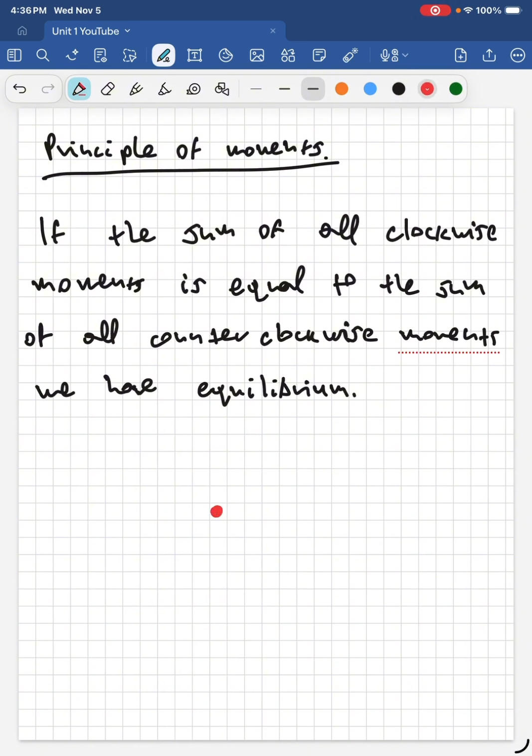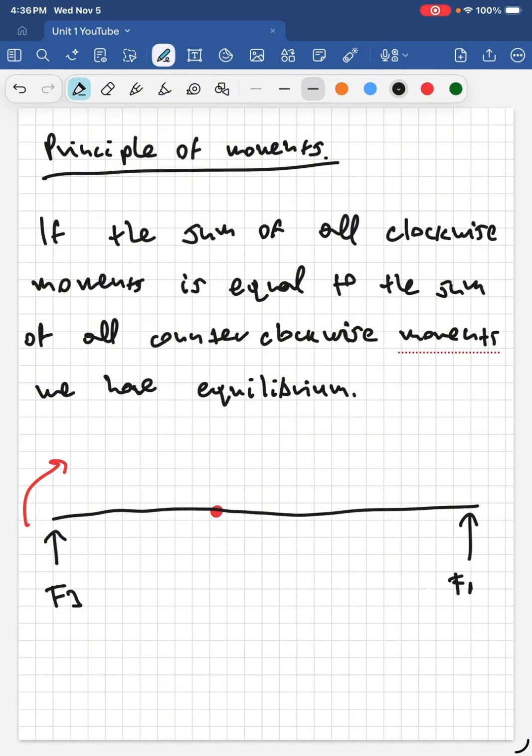I have a pivot point somewhere along a rod. It doesn't matter where. And maybe I'm exerting a force F3, which wants to turn the object clockwise. This pushes up, so it wants to turn it clockwise. And then maybe I have a force on this side, let's call it F1, and this distance is x1.